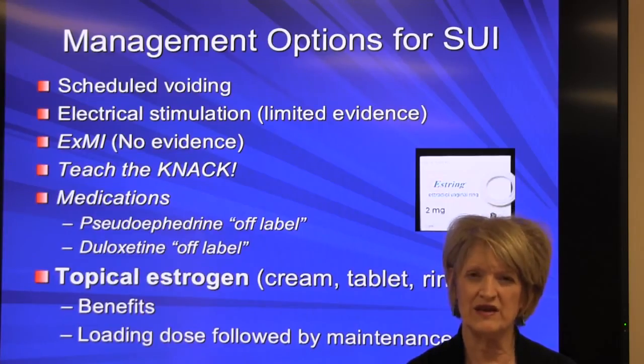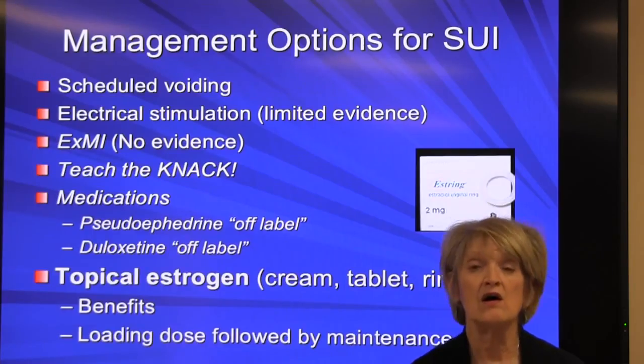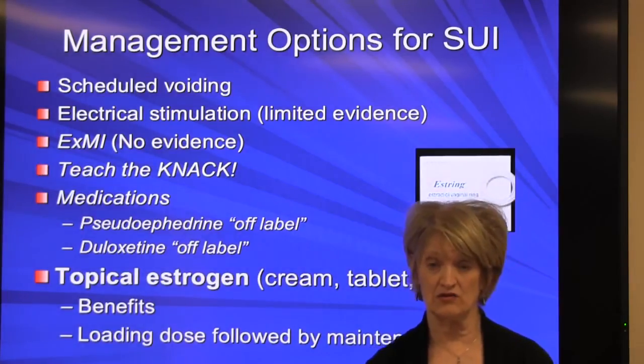However, you have to think about the times that women are highest risk for stress incontinence, and it's during activity. And the one time you do not want to give someone a sympathomimetic is during exercise, during sustained activity, because what do those medications do? They increase heart rate, they increase blood pressure. So pseudoephedrine is very rarely used for management of stress incontinence, and if anyone uses it for that, it's very much off-label.